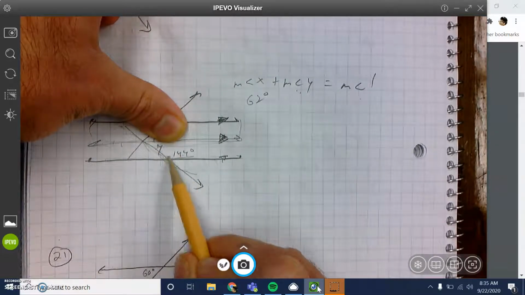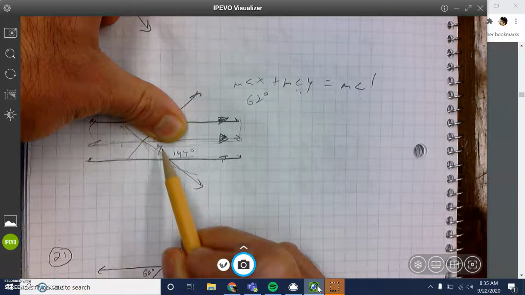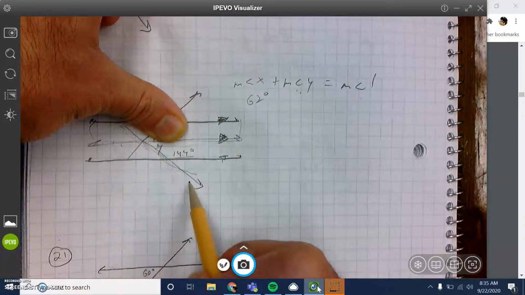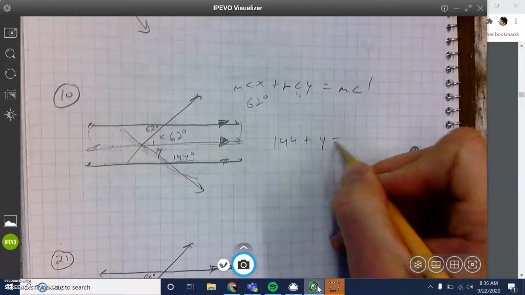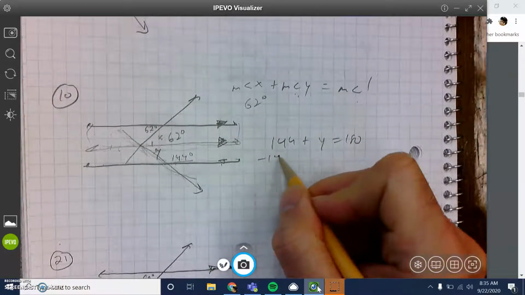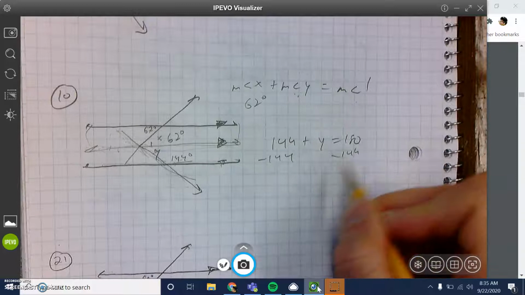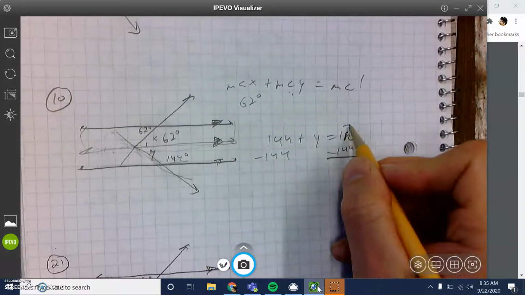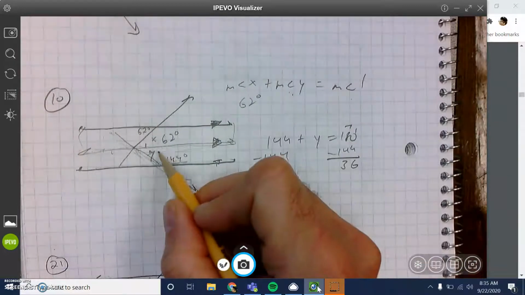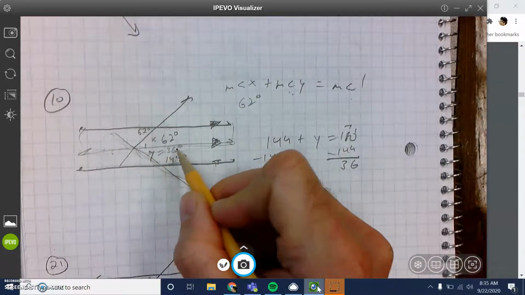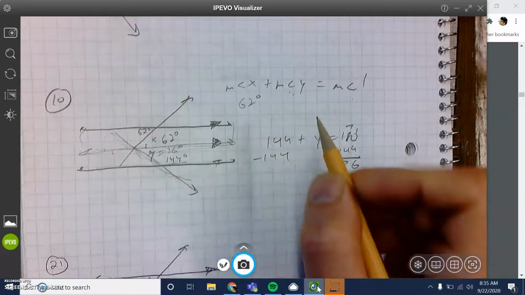Why? Because one's acute and one's obtuse, and they're on the same side of this transversal. So 144 plus y equals 180. So subtract 144, and I have 36. So this angle here is going to be 36 because 36 plus 144 equals 180.